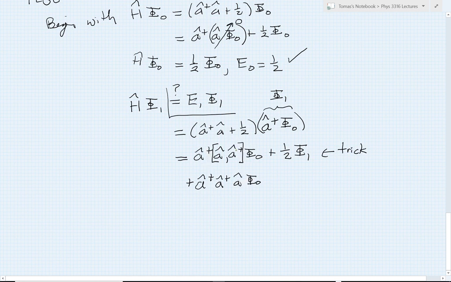I've managed to actually commute the two, but the cost of doing that commutation is the additional term that you see up here. So if I wanted to write down the trick in a general algebraic way, what I'm really saying is that if I ever have an expression like a hat, b hat, c hat, d hat, right? And I wanted to rewrite it with two of my operators in the opposite order, the way I can do that is to put a commutator bracket on these two, right?